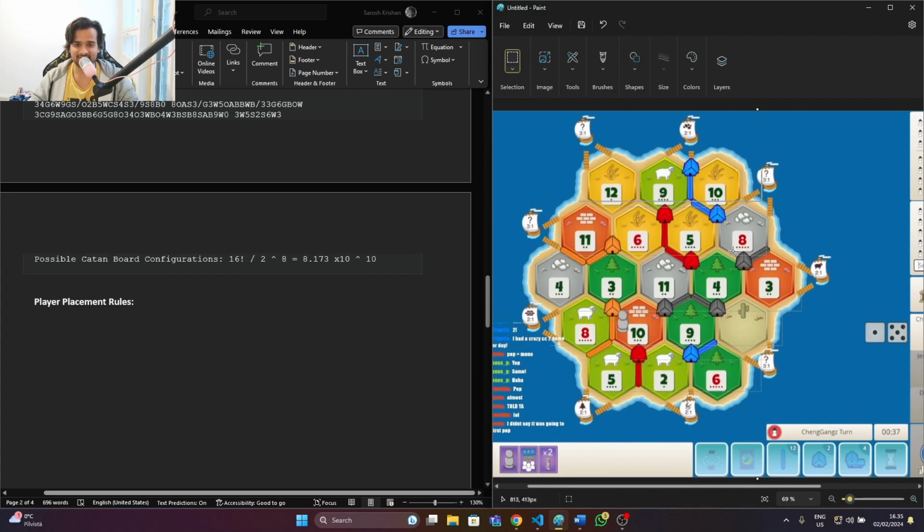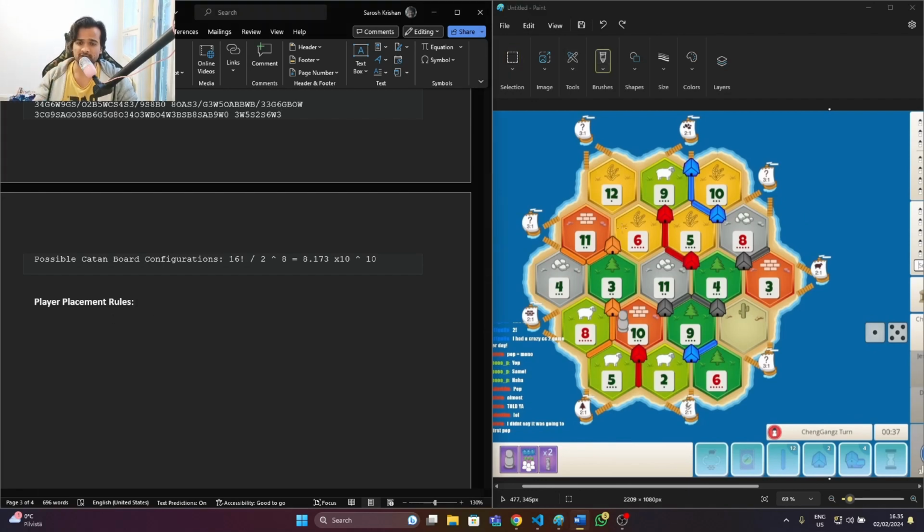We have 11 different sections. Did I do something wrong? Okay, I'm so sorry. Yeah, so we have 11 different sections that we can use. So okay, that's helpful. Let's try to utilize that.